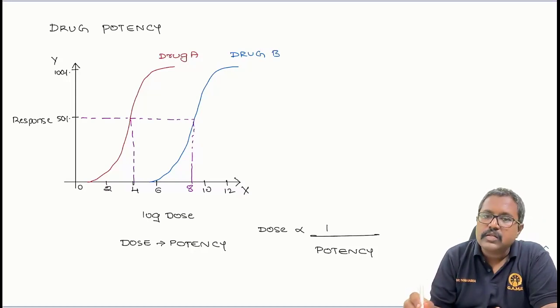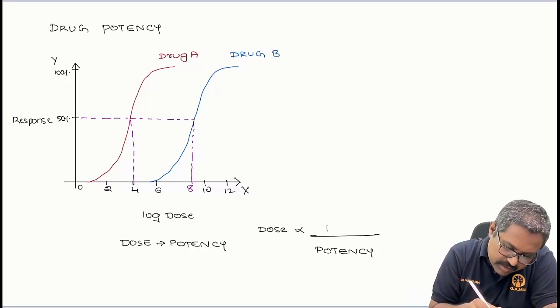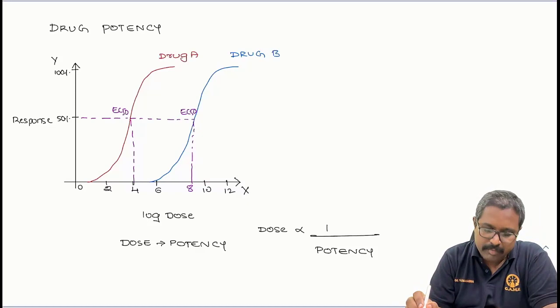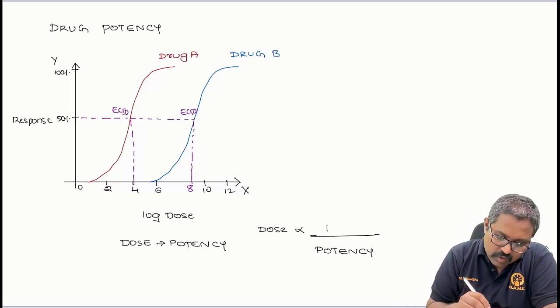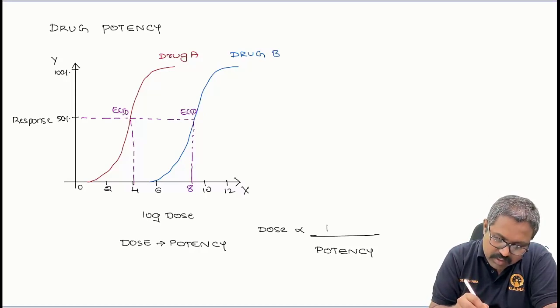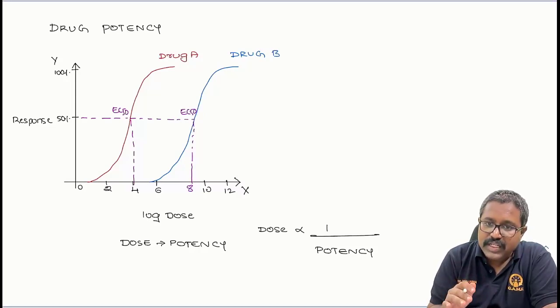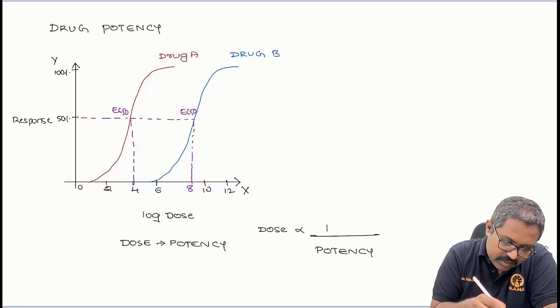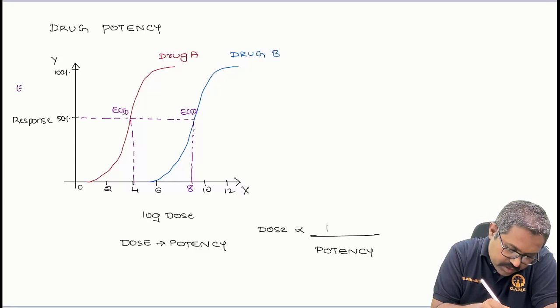Let us assume this is the effective concentration at 50%, EC50, for drug A and drug B. If you want to get a response similar to that of drug A, drug B dose has to be increased. To produce the effect, the dose required by drug B is more compared to drug A.